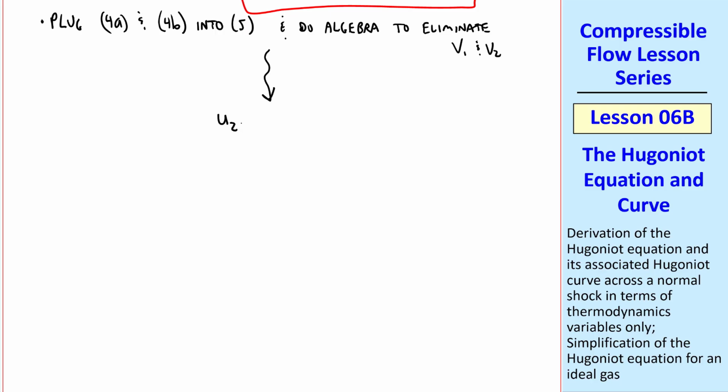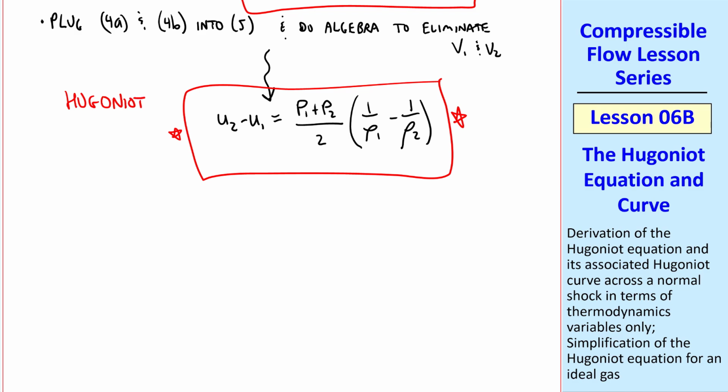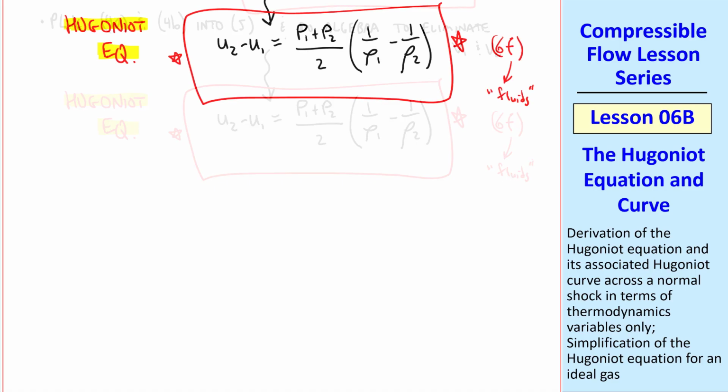You should end up with u2 minus u1 equal p1 plus p2 over 2, 1 over ρ1 minus 1 over ρ2. This is the Hugoniot equation, which I'll call equation 6, but I'll call it 6f, where f means fluids, because this is the form of the Hugoniot equation that fluid mechanics people like in terms of densities and pressures and internal energy.